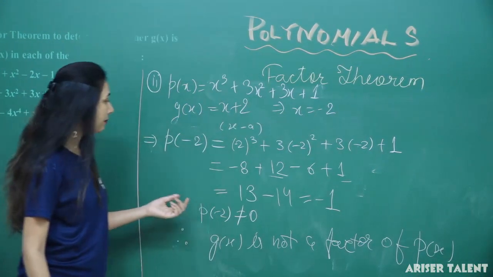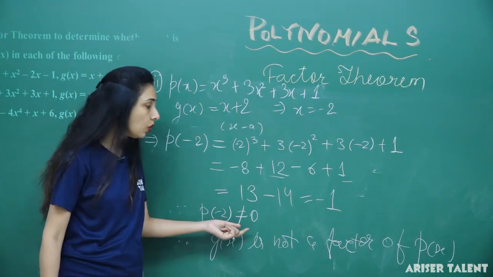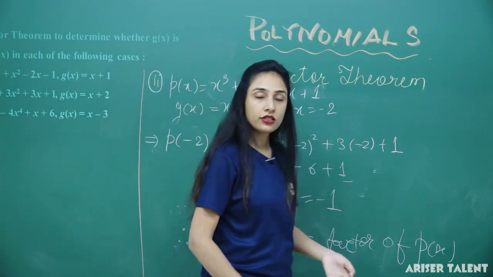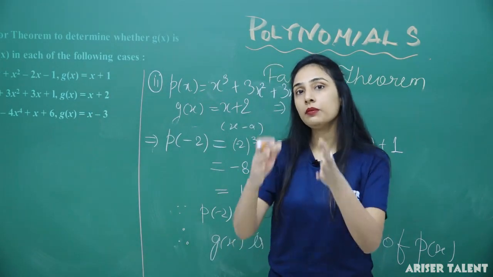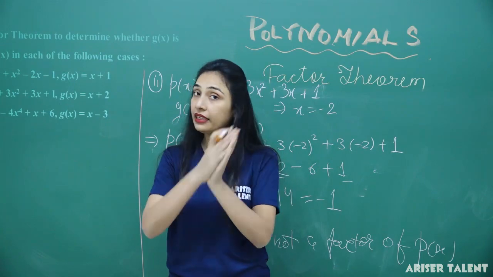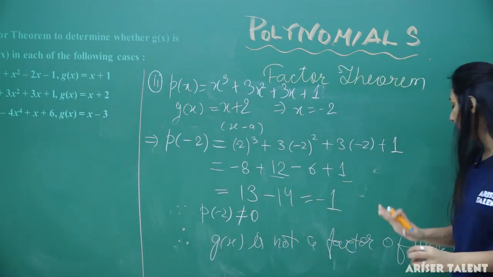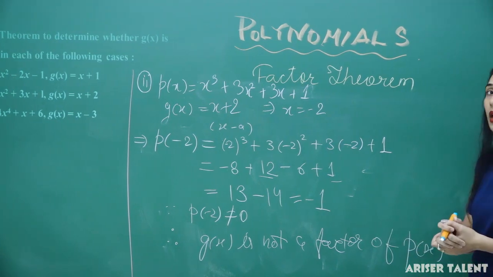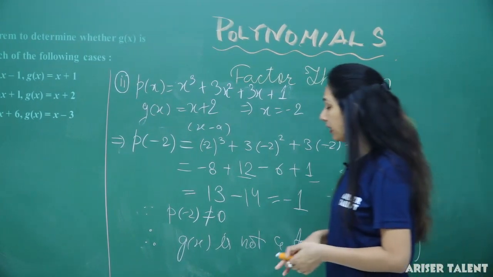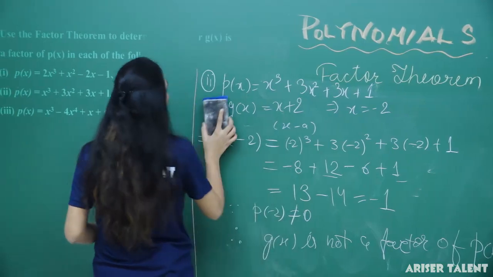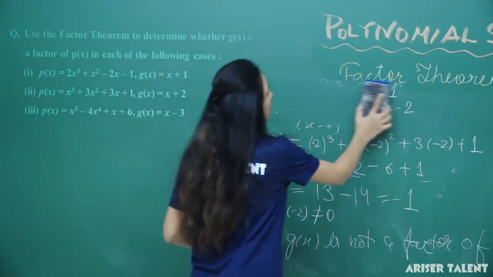Simply because that p(a) is not giving you 0, it is giving some particular answer, but that is not 0 for sure. That means it is not going to be a factor of p(x). Understood? Copy that and we will move towards the third one.